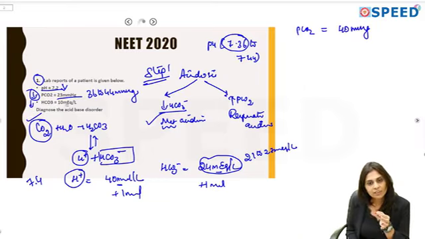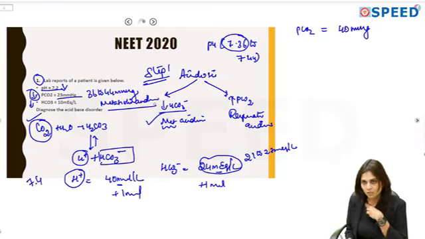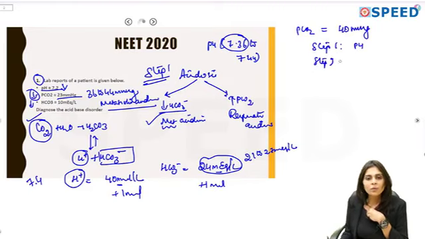So what is your diagnosis here? It is metabolic acidosis. Isn't that very simple? Yeah, this is metabolic acidosis. So step number 1 for such questions is looking at pH. Step number 2 is to find out whether it's a metabolic condition or a respiratory condition.